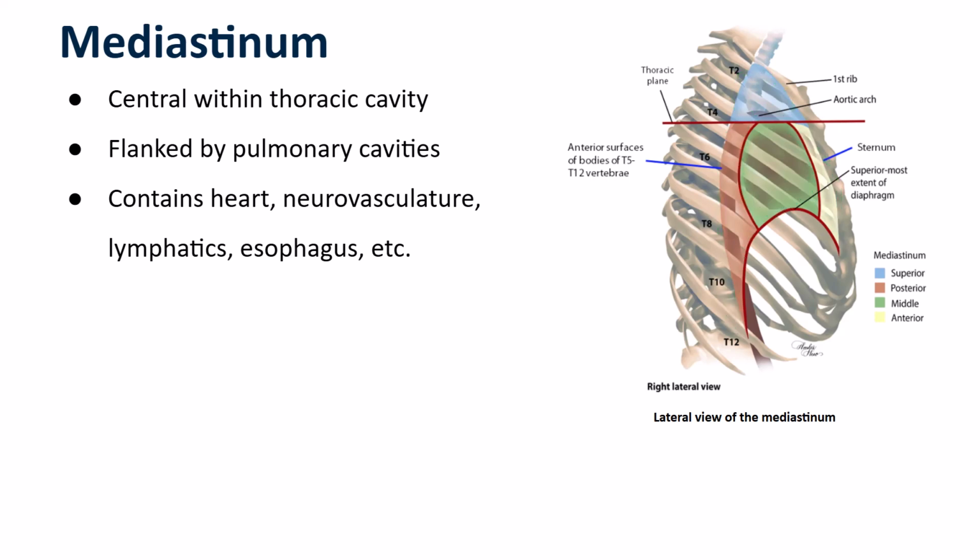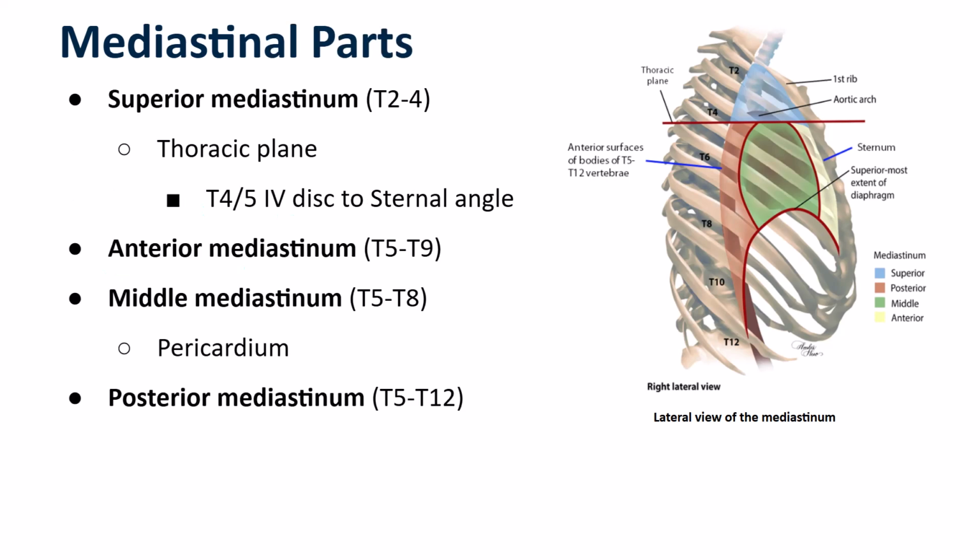This space contains a lot of important features, namely the heart within the pericardium, any of the great vessels of the heart, lymphatics, the trachea serving the respiratory system, the esophagus serving the digestive system, etc. There is a lot going on here. So let's look at the parts and their boundaries.